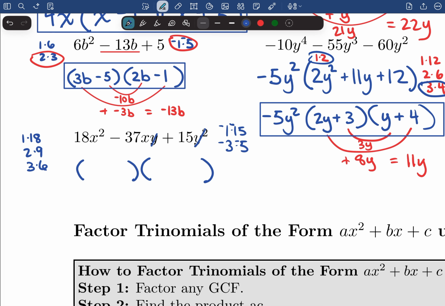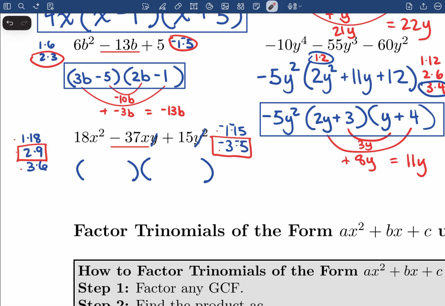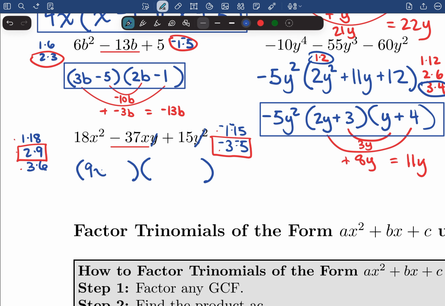So just placing those negative factors. Now I'm going to choose one of these sets of factors and mix them with one of these sets of factors. And if I think about it for a while using trial and error, I come to the conclusion that I could take 2 and 9 and combine them with negative 3 and negative 5 to make negative 37. And so you'll see me do that here. Now I'm going to take that 9 and 2 and place them with the variable x, right? They're the coefficients of x, 9x and 2x. They go there and there.